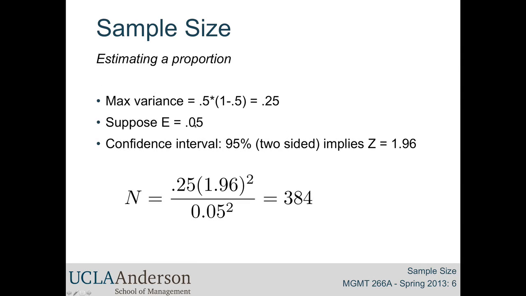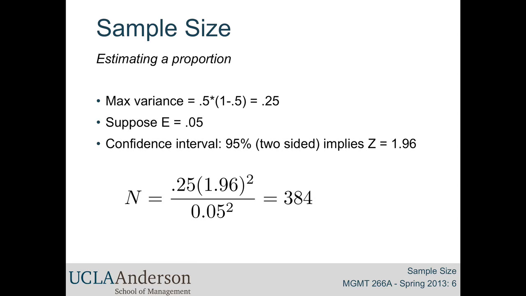Okay. If, on the other hand, I have a proportion, remember like the percentage of people who own, say, a smartphone, that would be a proportion, or the percentage of people who use a particular smartphone feature might be more relevant if you're designing features of smartphones, then one nice thing about that situation is you can design the survey sample size to defend yourself against the worst case.